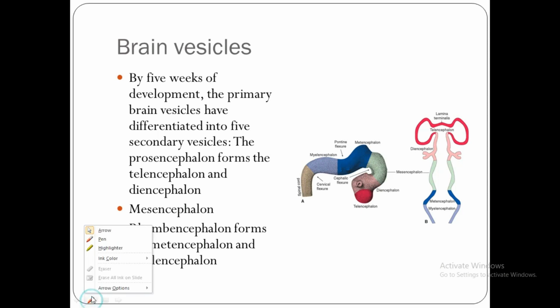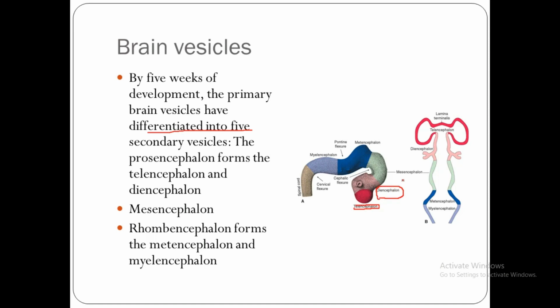So this event started in the 5th week of gestation, or the development, when the primary vesicles will be differentiated into 5 secondary vesicles. Now you can see most prominently the telencephalon is appearing as lateral swellings. The mid portion will be converting into diencephalon.